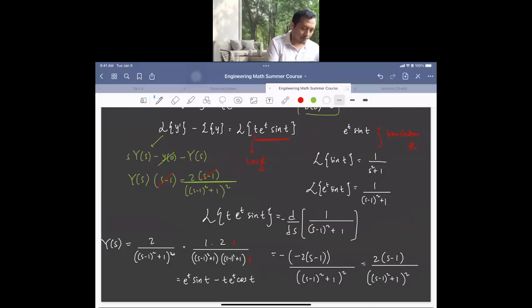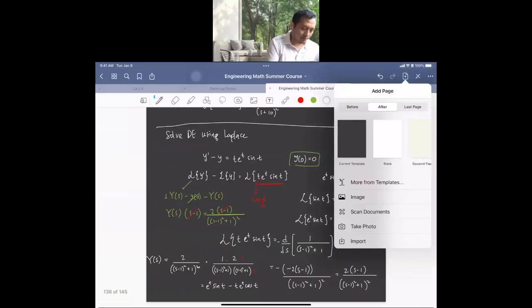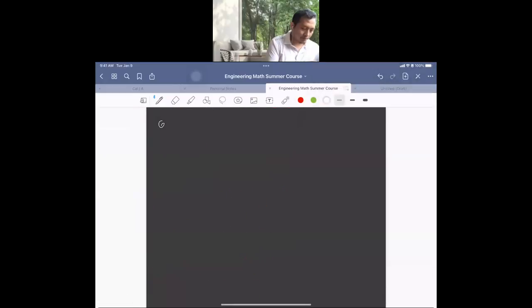Okay, and let me just go through convolution. This is just a small review. Now the next thing on Laplace is convolution, right?